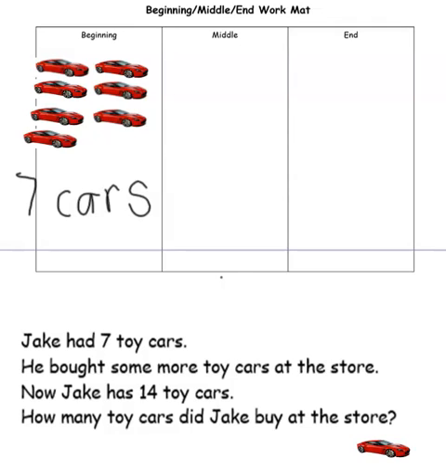Sometimes we already have something, and then we go to the store and we buy more of it, don't we? Because we love to collect things. So I think Jake really liked to play with toy cars. He bought some more toy cars at the store. Do we know how many he bought? So no, I'm going to just put a question mark here.